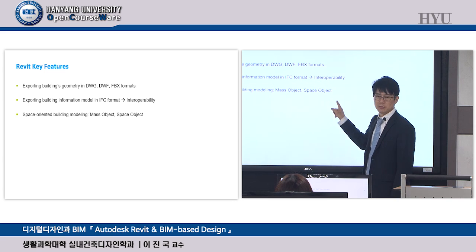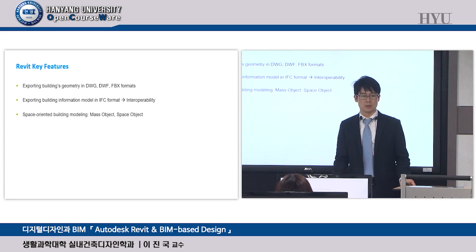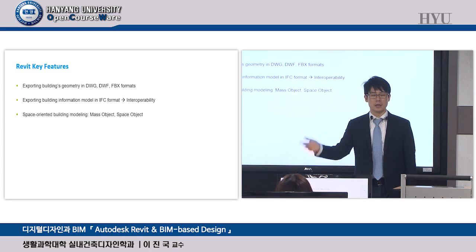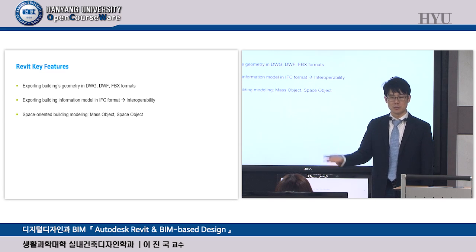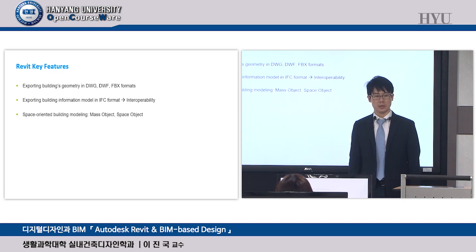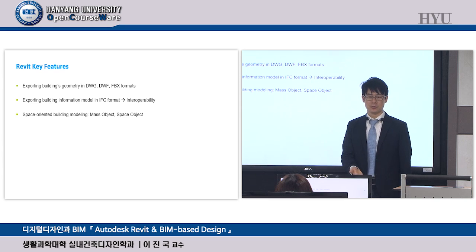And also space object auto-determines the boundary of space. And you can assign space object. And then you can get the area of space, height of space, how many spaces, how many rooms in your building. Revit can count instead of you, okay?